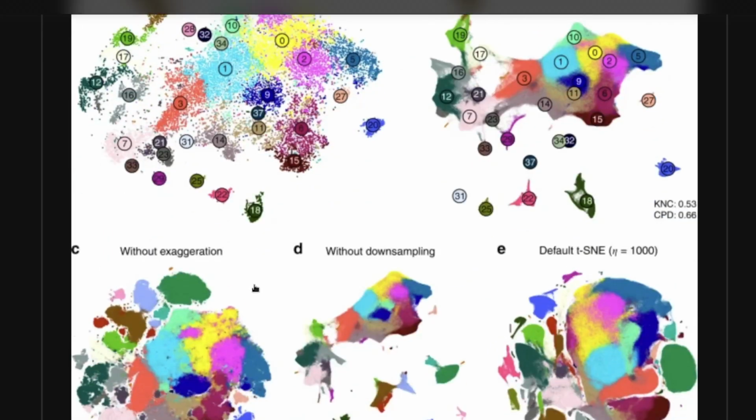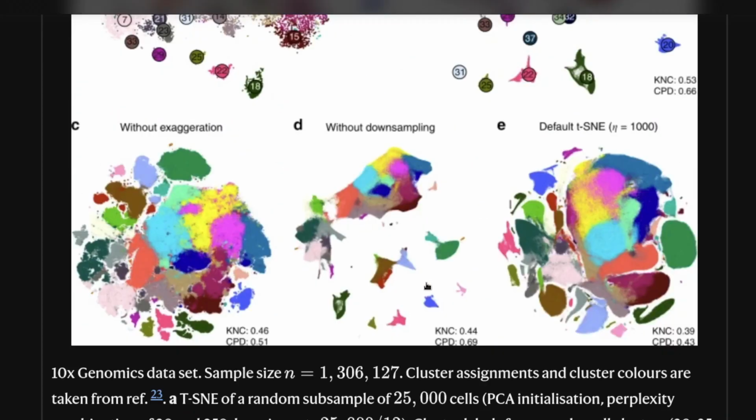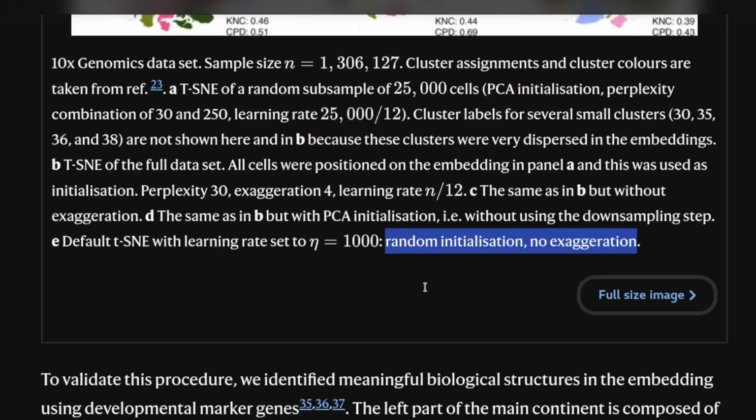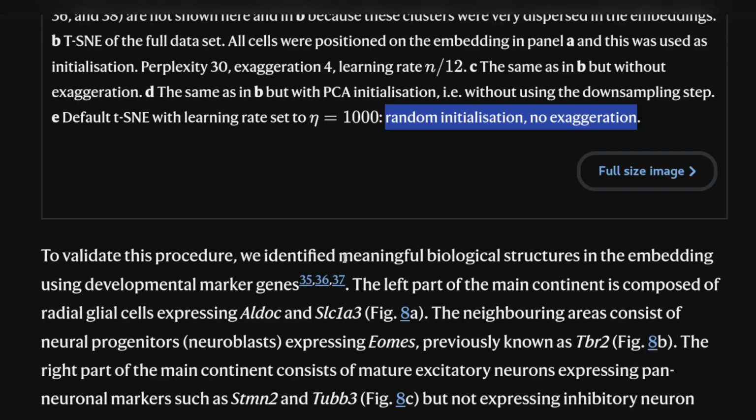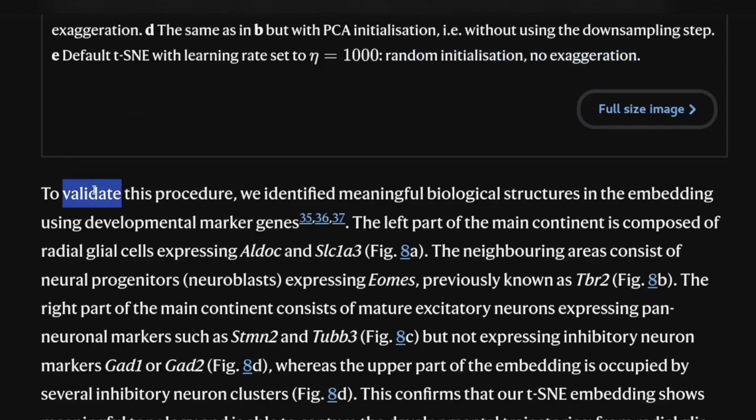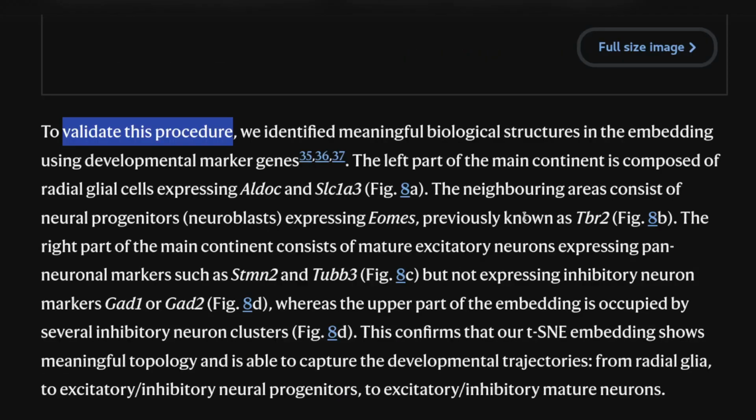37. The left part of the main continent is composed of radioglial cells expressing ALDOC and SLC1A3, figure 8a. The neighboring areas consist of neural progenitors, neuroblasts, expressing ohms, previously known as TBR2, figure 8b.